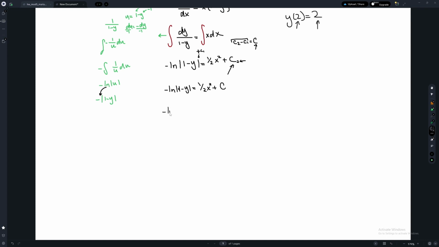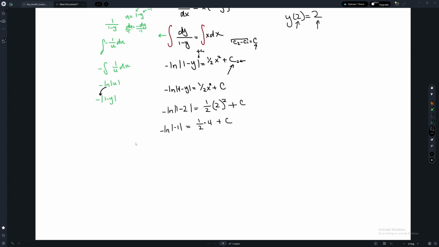So ln of the absolute value of 1 minus 2 equals 1 over 2 times 2 squared plus c. 1 minus 2 is negative 1, we're taking the absolute value, so this is ln of 1 equals 1 over 2 times 4, plus c.